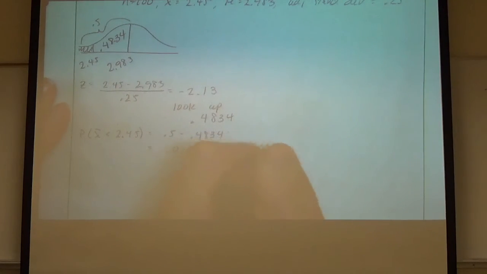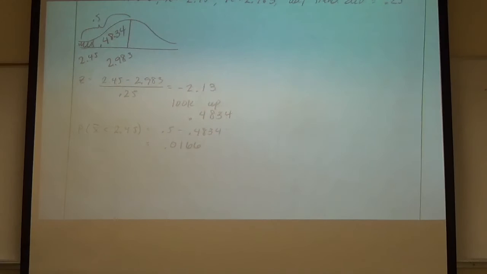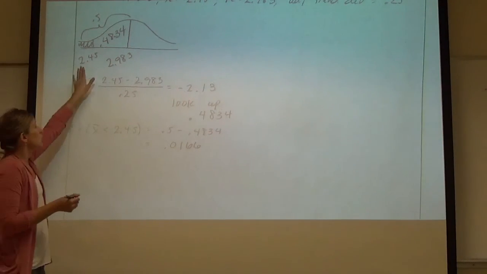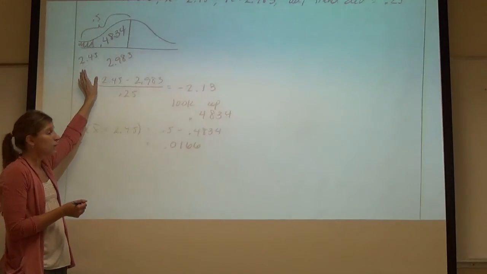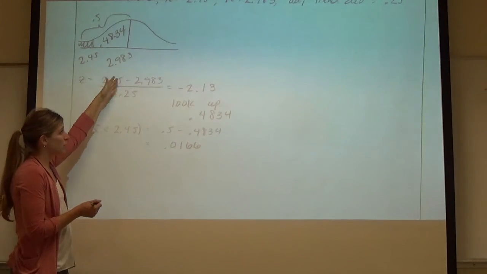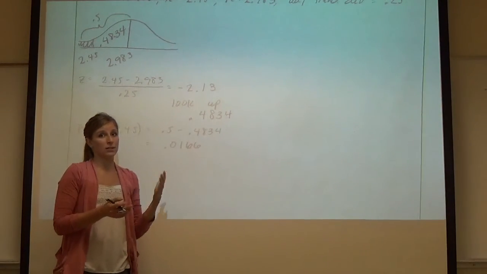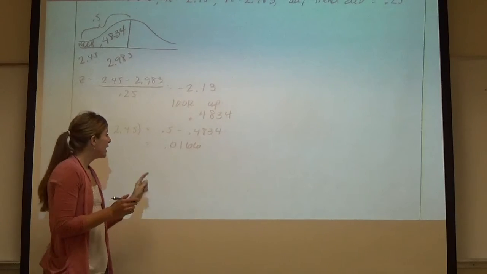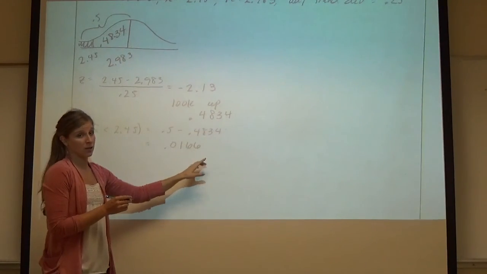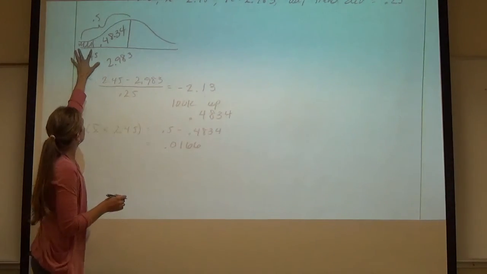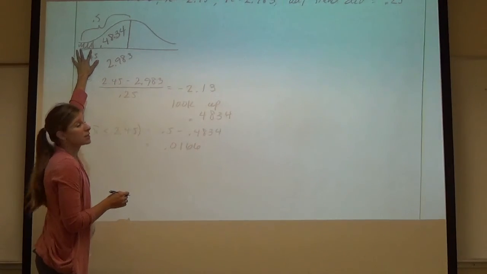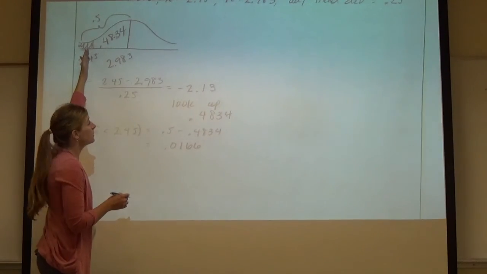0.0166. Okay, so what I'm thinking intuitively for this is the 2.45 isn't super far away from 2.983, but it's pretty far, a little bit more than 2 standard deviations. It's fairly far away, and I can see that's reflected in this p-value. So this p-value says, you know what, this area right here is going to be small, so I know this line has to be pretty far over.